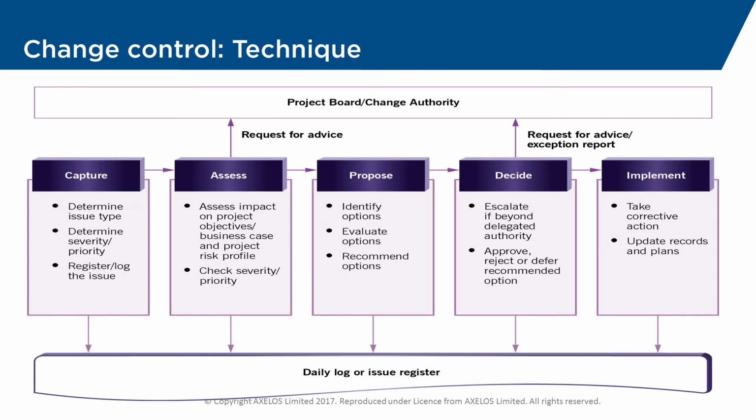Once they've made that decision, we're into implementation. That may be you taking corrective action because you had the authority, or the project board asking for an exception plan. Throughout, we're going to be keeping the issue register up to date.